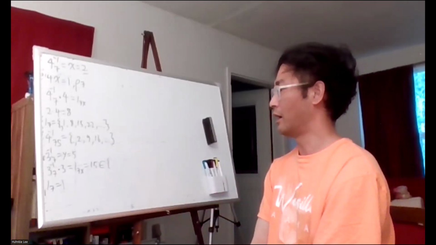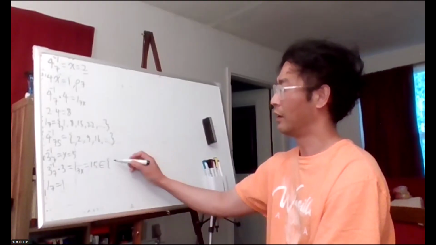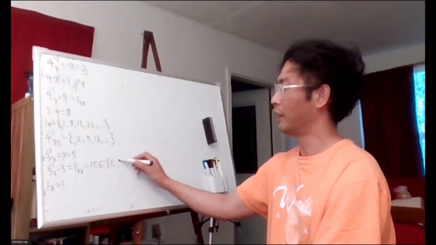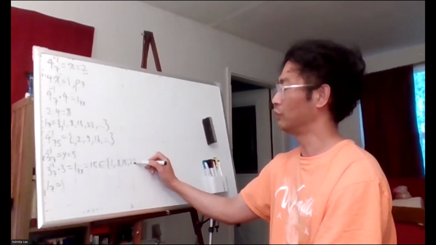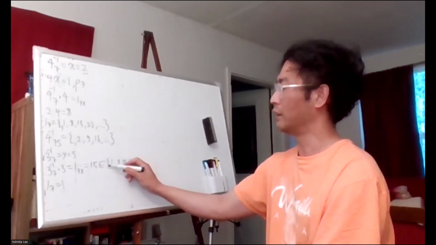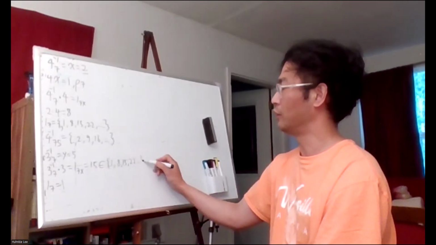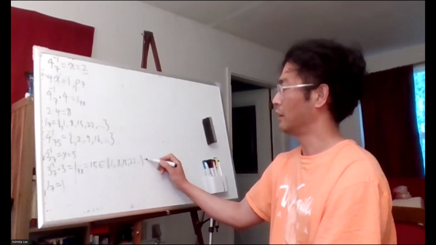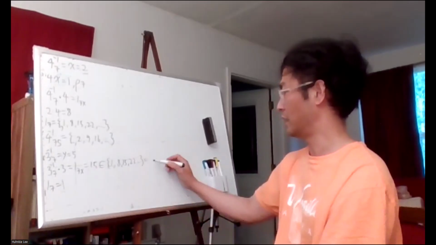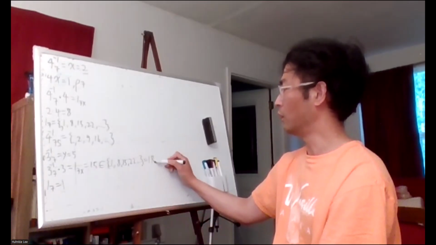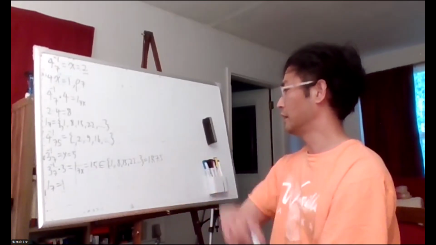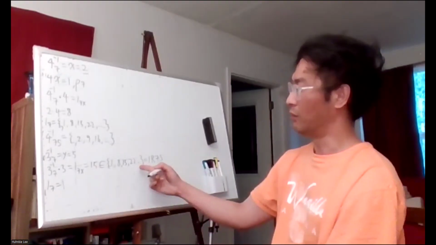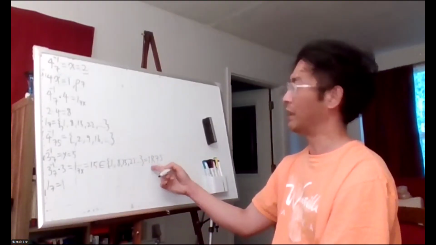1, 8, 15, 22, dot dot dot, which we denote as the 1 row 7 set. The set of all numbers when divided by 7, the remainder is 1.